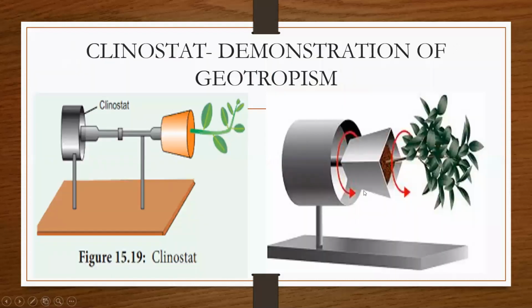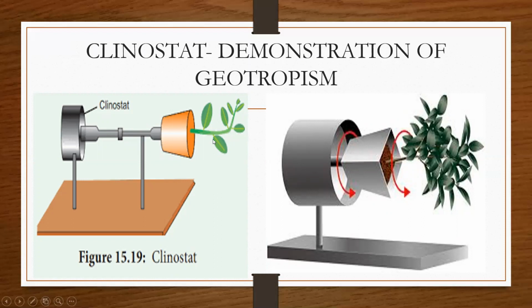Clinostat is an instrument which helps us to demonstrate geotropism. Two such instruments are taken and fixed with potted plants horizontally. One is continuously rotated and one is kept constant.